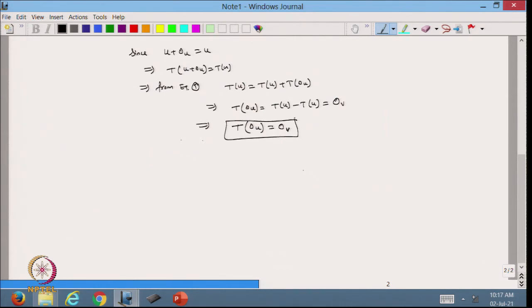For example, suppose we have a transformation T from V3 to V2.